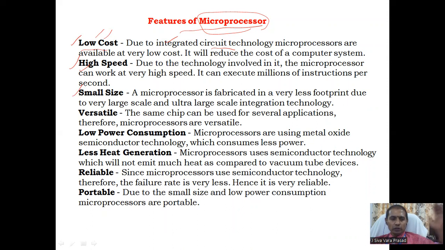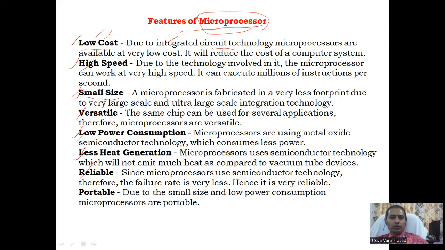Small size. If you see the starting generation, the size of the processor was huge. Now generation to generation, the size of the processor is decreasing because of integrated chip technology. Versatile. One processor performs many operations at a time. That's why it's a versatile device. Low power consumption. Because of the transistors present in the microprocessor, power consumption is less, and similarly heat generation is also less.